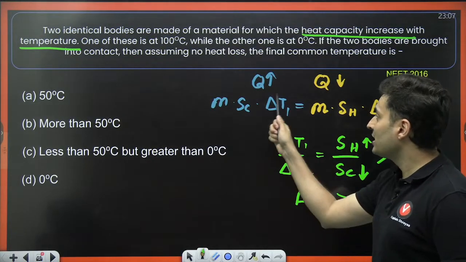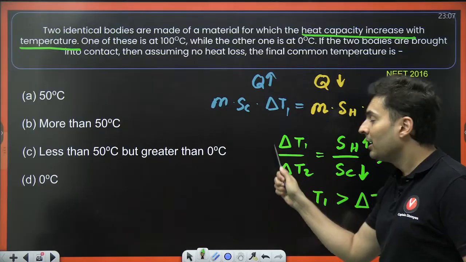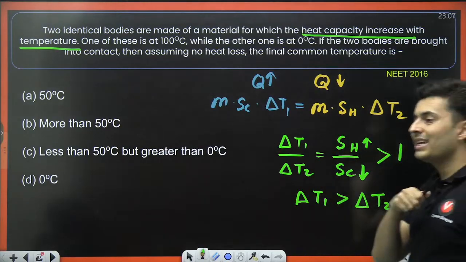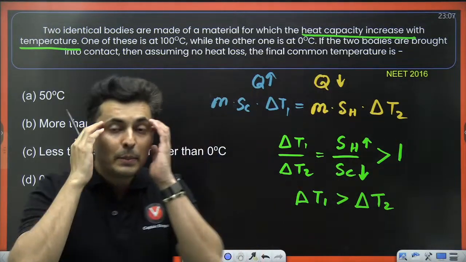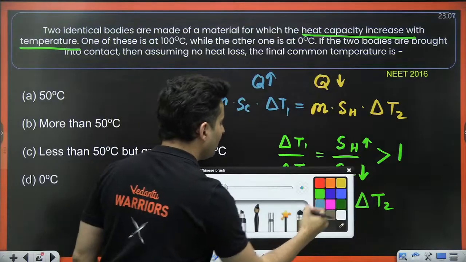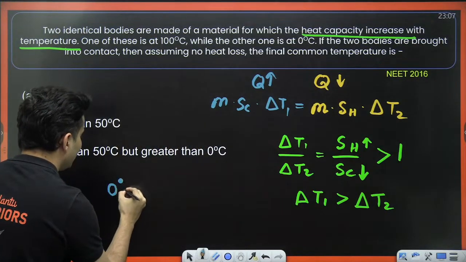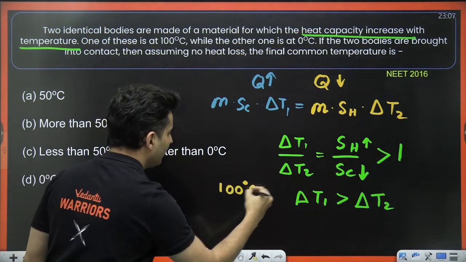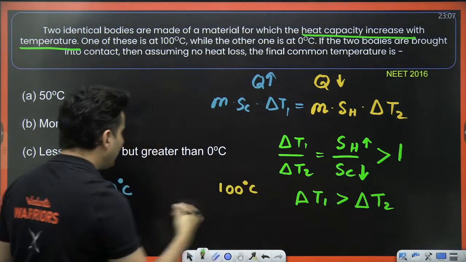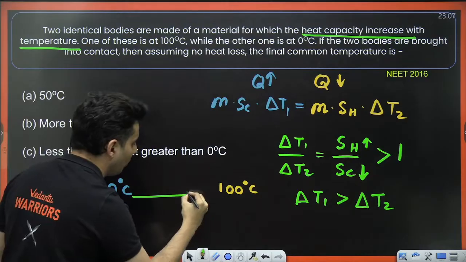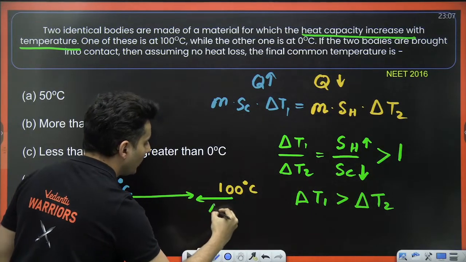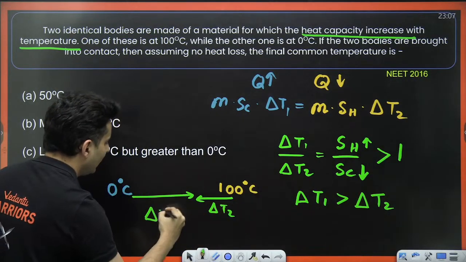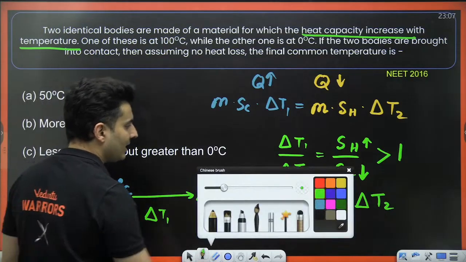So the temperature change in the colder body is more, and the temperature change in the hotter body is less. The object at 0 degrees Celsius has a larger change, delta T1, compared with the object at 100 degrees Celsius, delta T2.